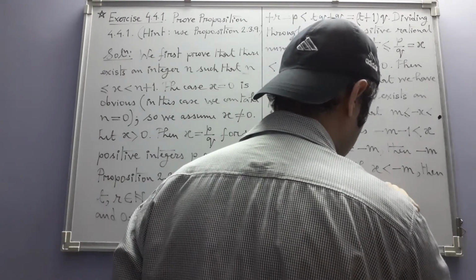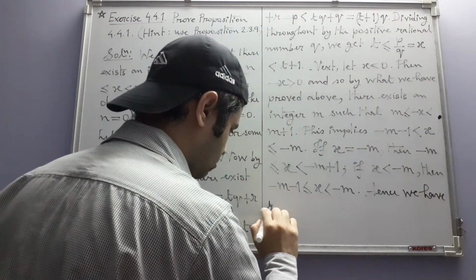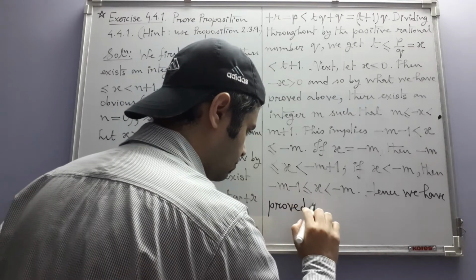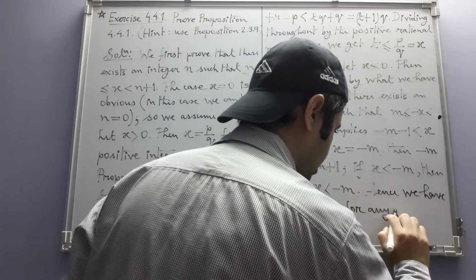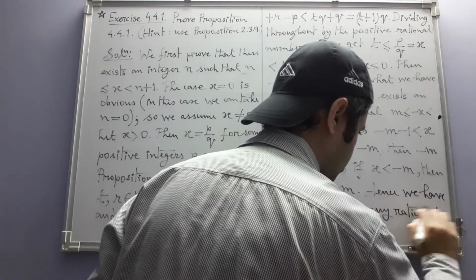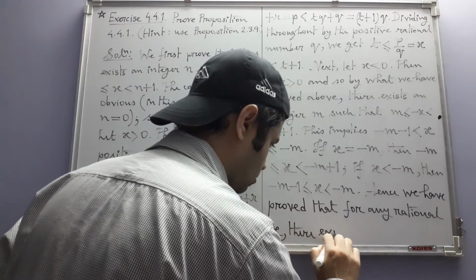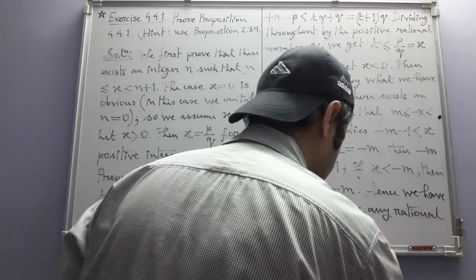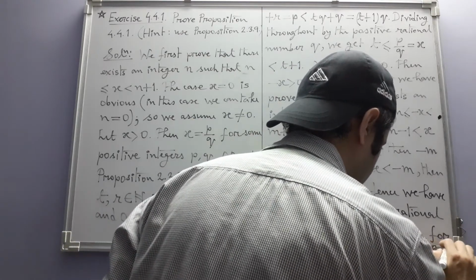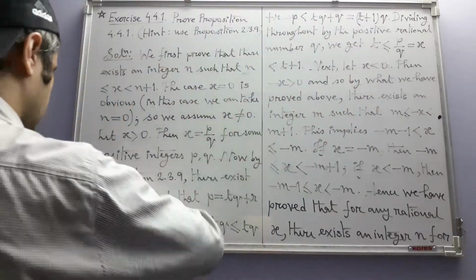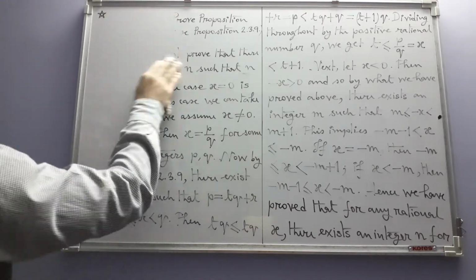Hence we have proved that for any rational x, there exists an integer n for which those inequalities are true.